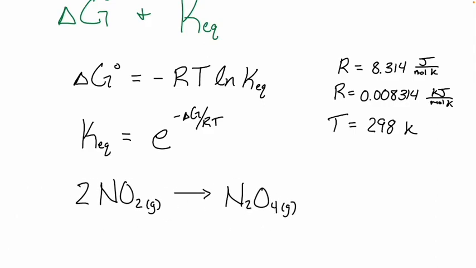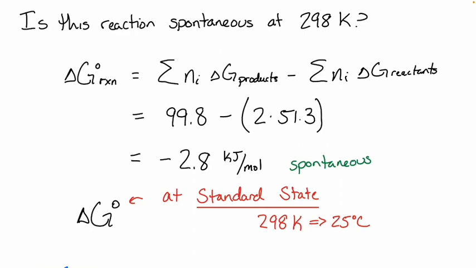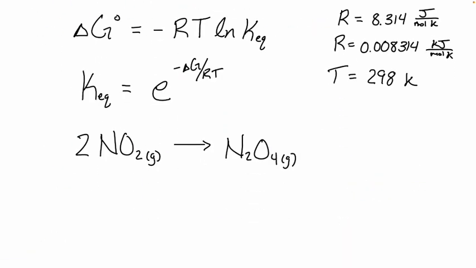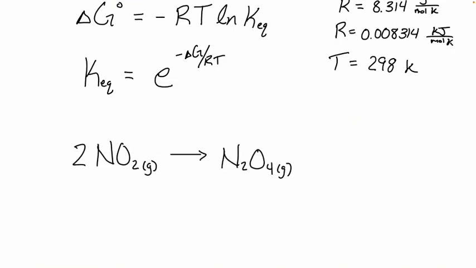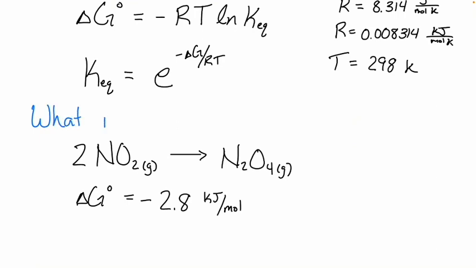Last class we used that table and established that the delta G for this reaction was negative 2.8 kilojoules per mole. What is KEQ for this reaction?